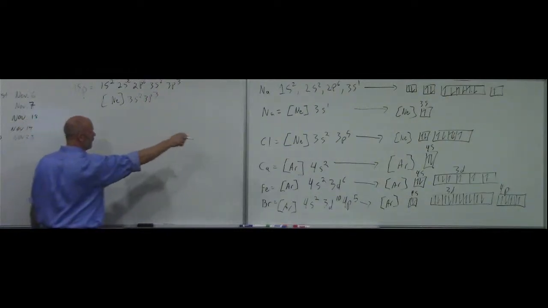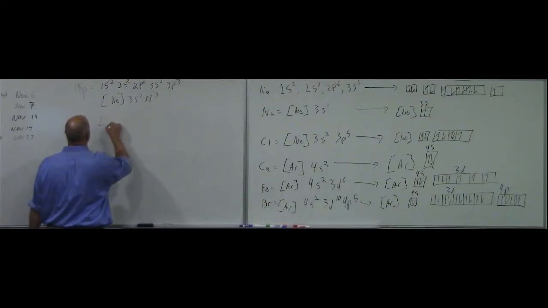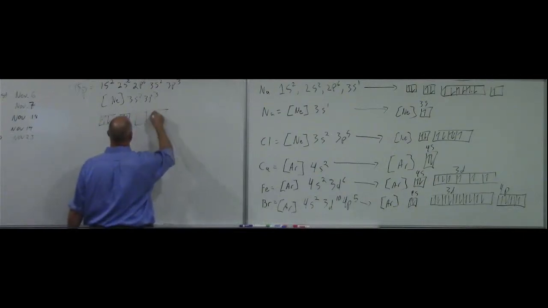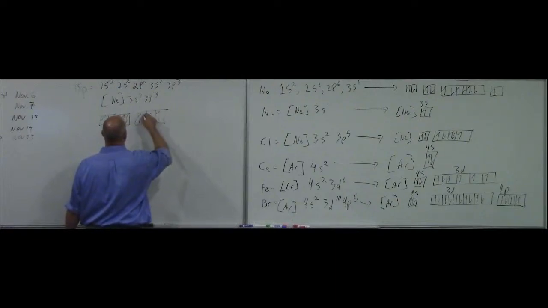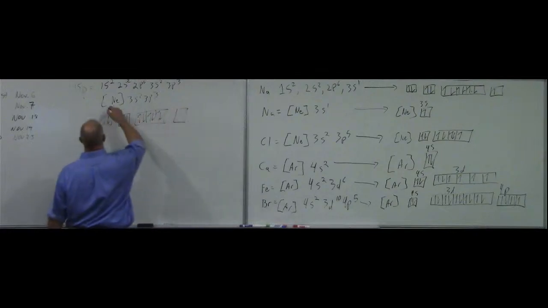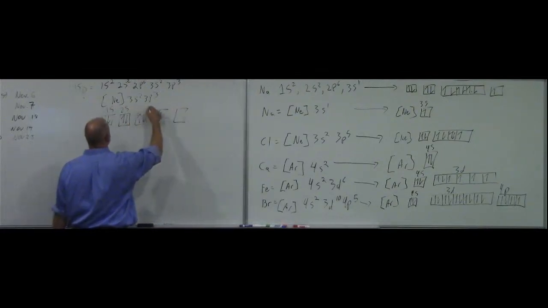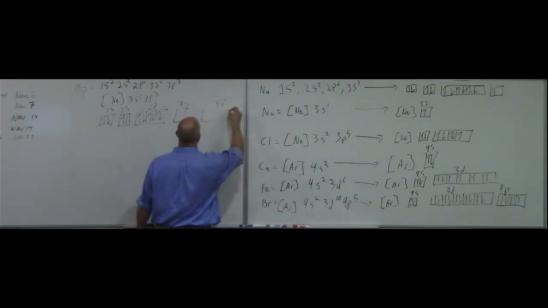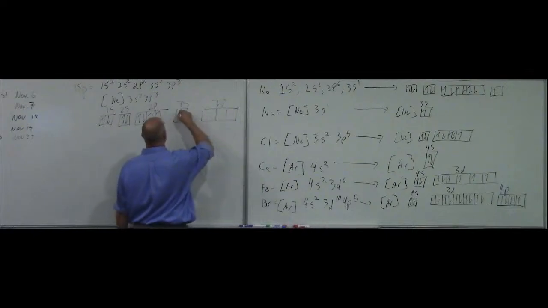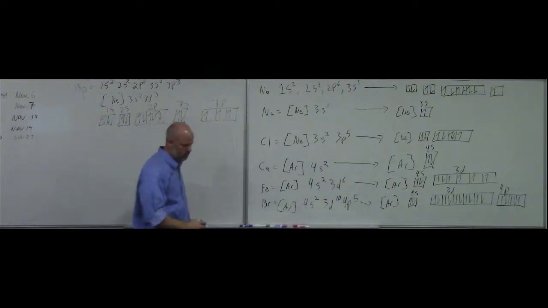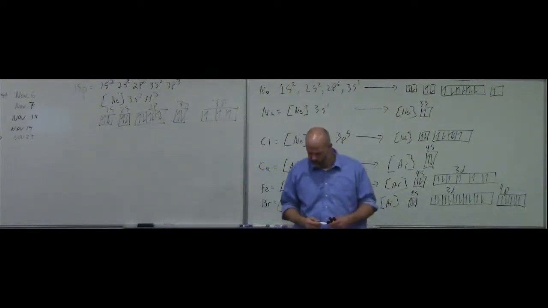When I want to do this chart, I label these: 1s, 2s, 2p, 3s, 3p. So this fills up, that fills up, and then I go here. Okay?